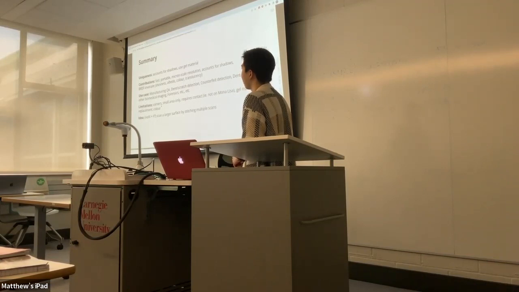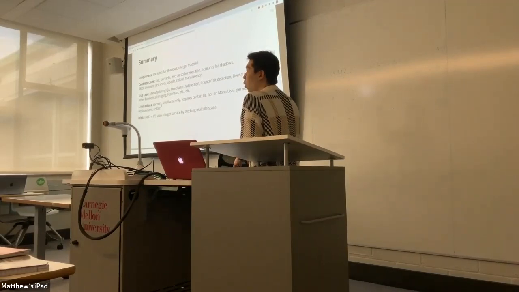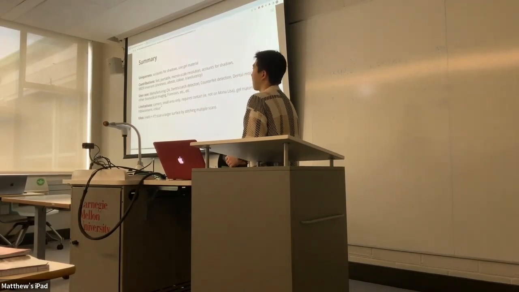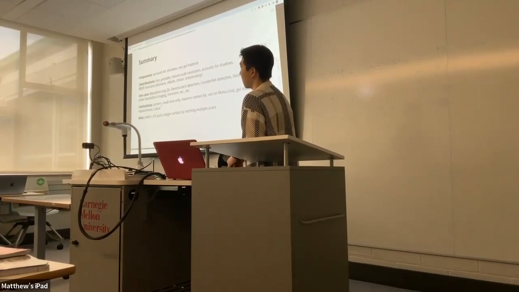So how many of you, before you read this paper, had heard about GelSight before? Oh yeah, okay. So technically Wenzhen has been working on GelSight for a while, specifically focused on the robotics side.